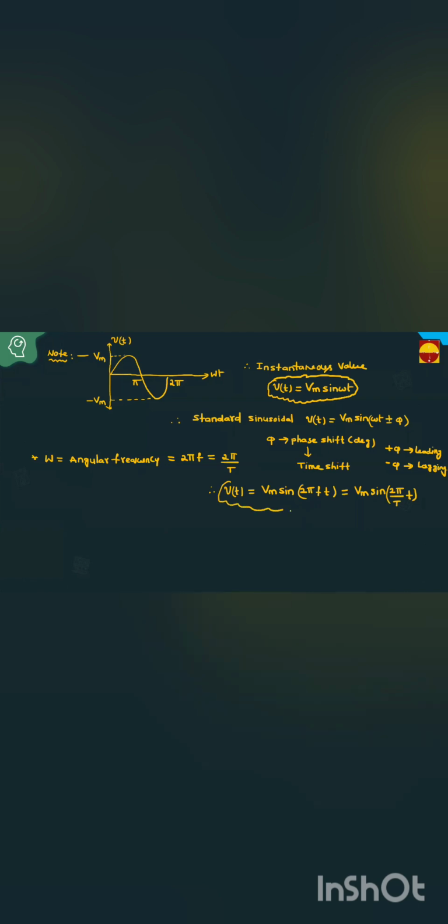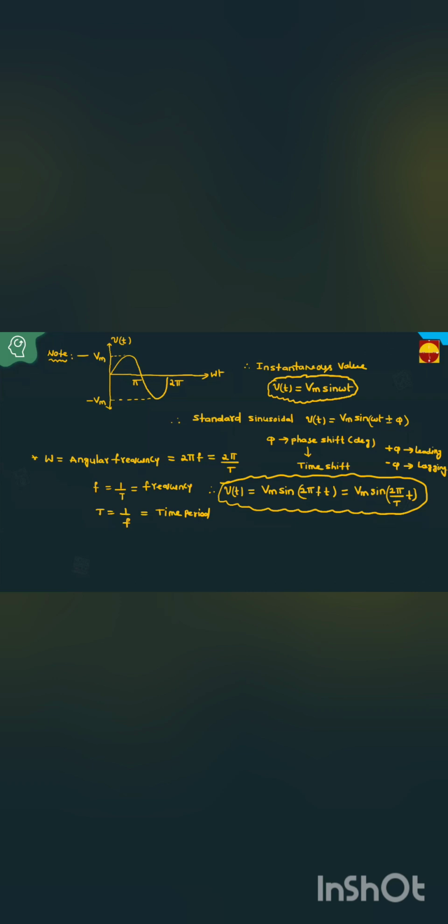It's a representation of a sinusoidal, where f equals 1 by T. This is frequency. T equals 1 by f. This is the time period. The units of omega and f were already given.